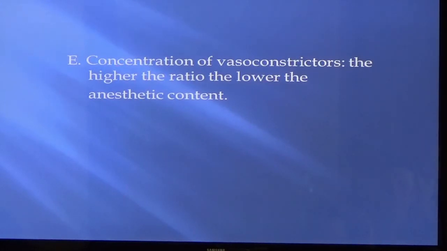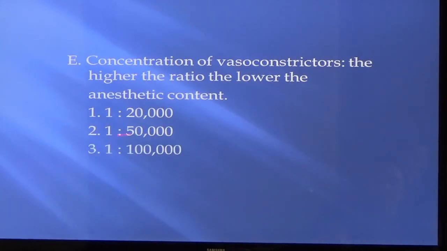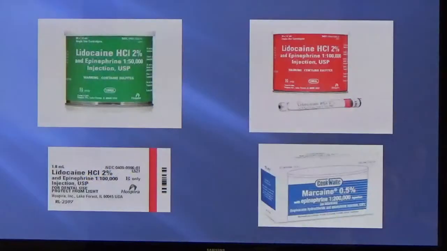So the concentration of the vasoconstrictor: the higher the ratio, the lower the anesthetic content. So 1 to 20,000, 1 to 50,000, 1 to 100,000, which is the one that we mostly use here, and then there's 1 to 200,000. All these are color-coded.